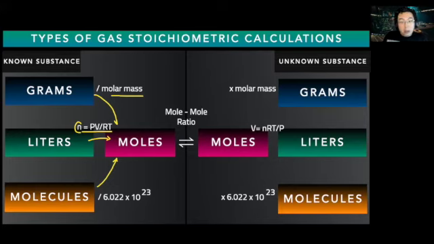Remember, when we are using stoichiometry calculations, we have two substances, so we need the mole-to-mole ratio, which is like a division or a fraction.